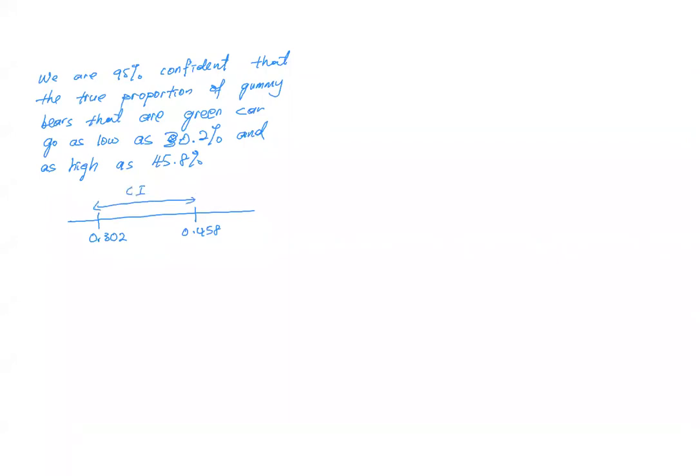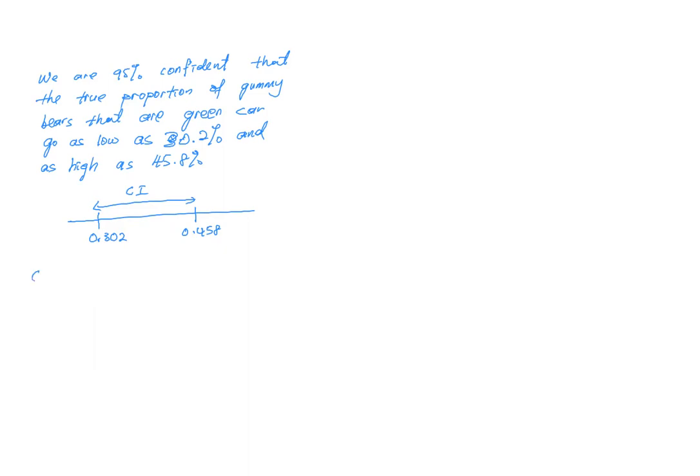If the company claims that in a box of 150 gummy bears, the proportion of green is 40%, then we have insufficient evidence to reject the claim. If the person says at least 30%, then we can also say so.